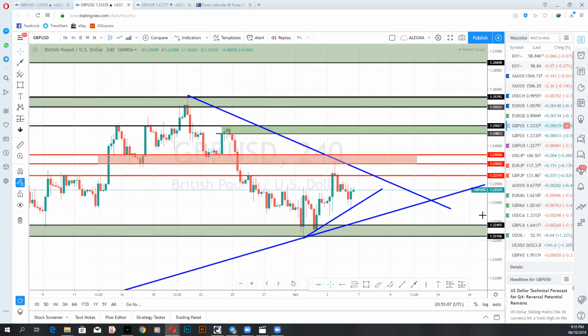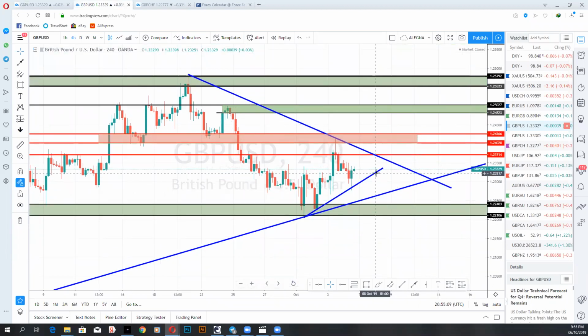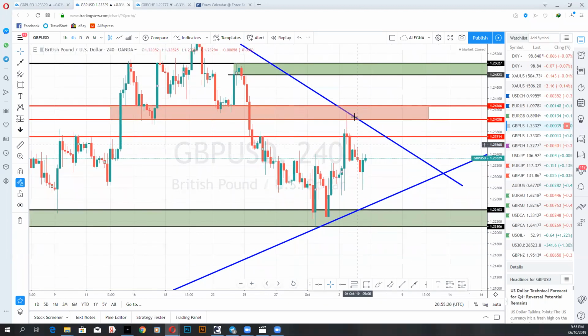If you look at this pair, this is the scenario we have. Let me remove this. There seems to be a little trend line here, but that can be removed. So we just have a scenario, more like a triangle.